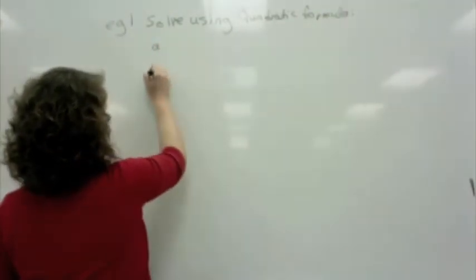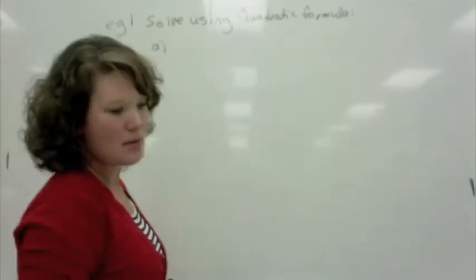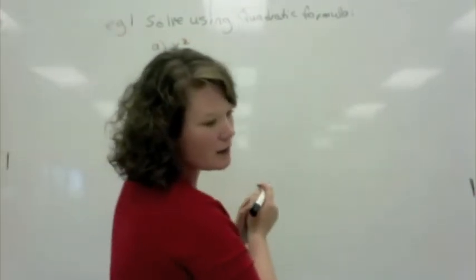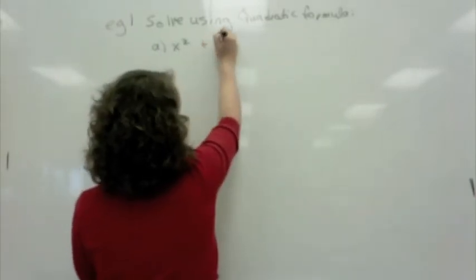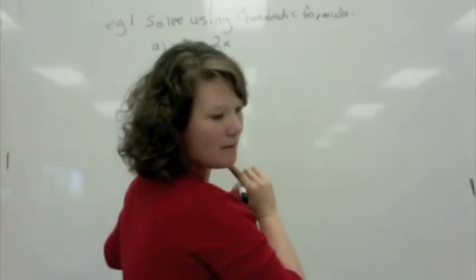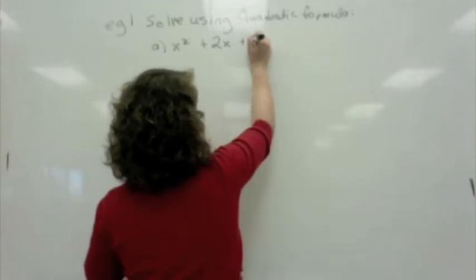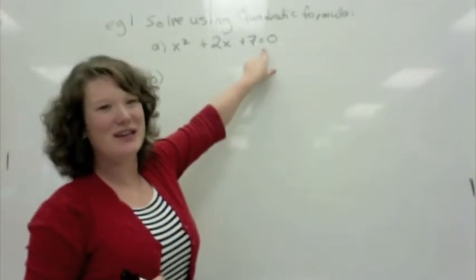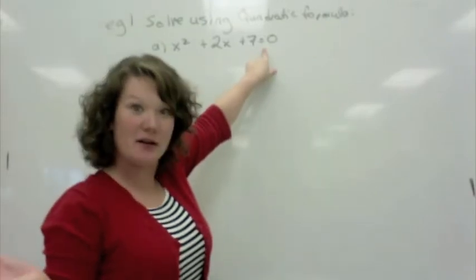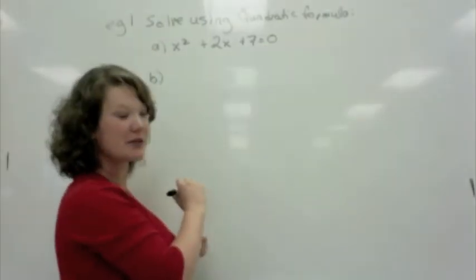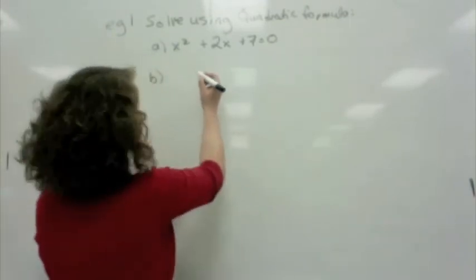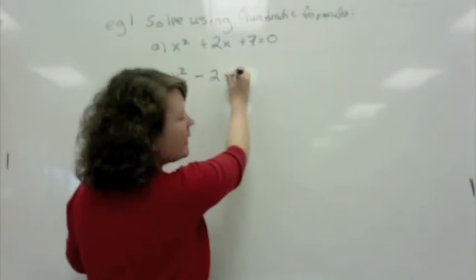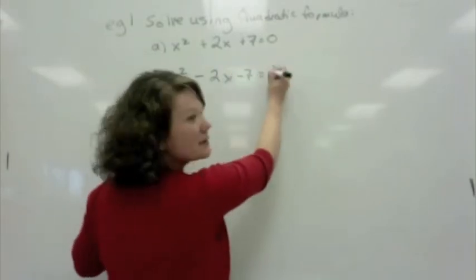Part A and part B. A is x squared plus 2x plus 7 equals 0. This is important, because if there's no equal sign, you can't really solve for it, because it's not an equation. It's an expression. And B is x squared minus 2x minus 7 equals 0.